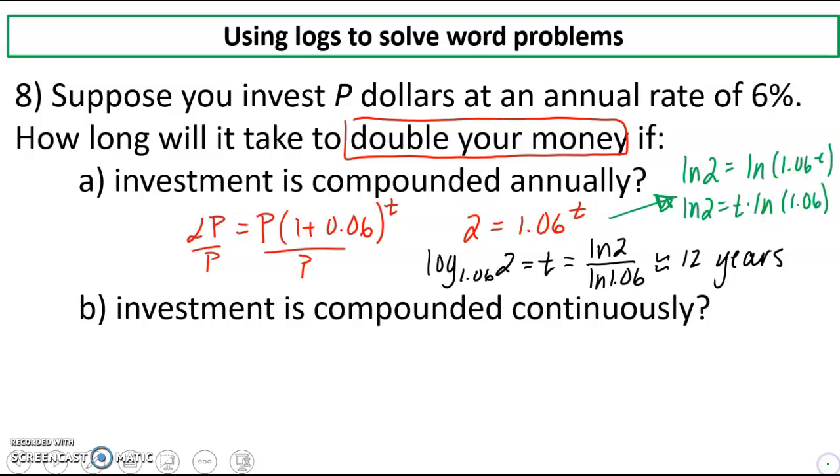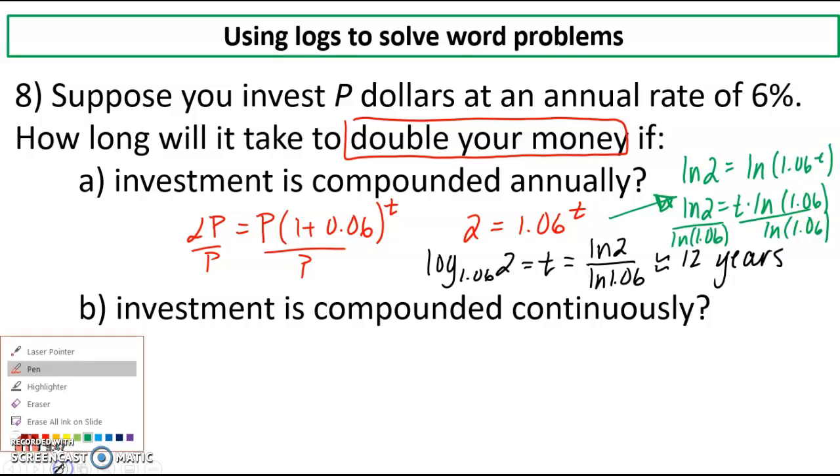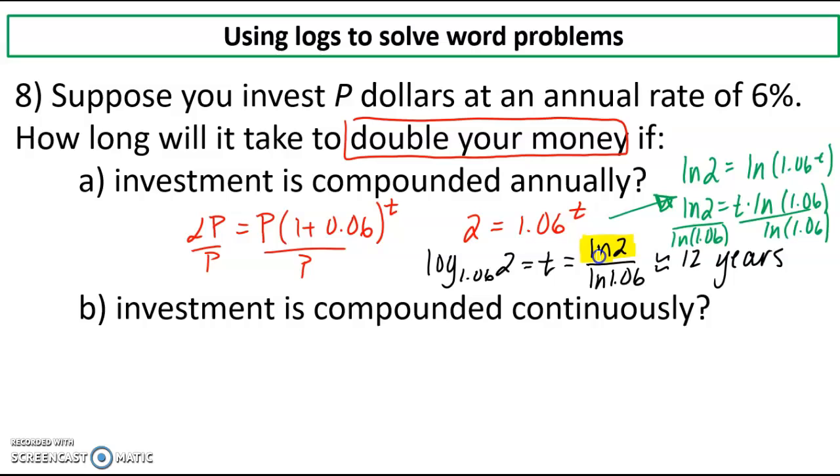And now solving for t, notice what we have. You have the exact same relationship, whether you wrote it as a logarithmic equation and used the change of base, or you took the log of both sides and then used your casting rule. So about 12 years it would take to double my investment.